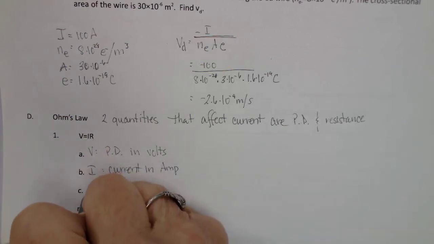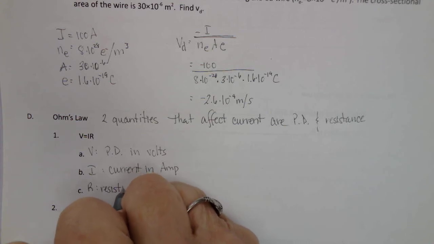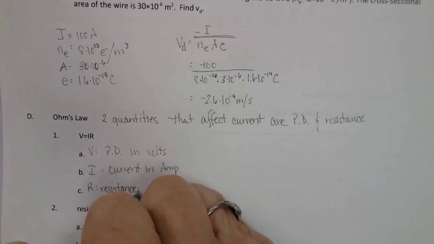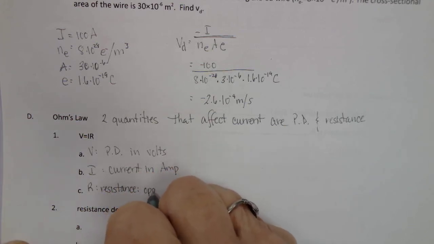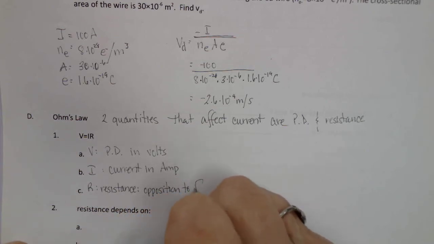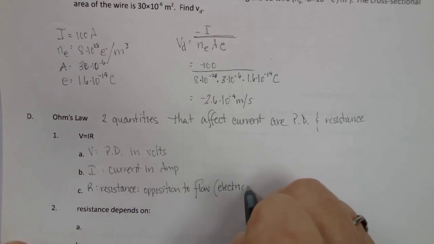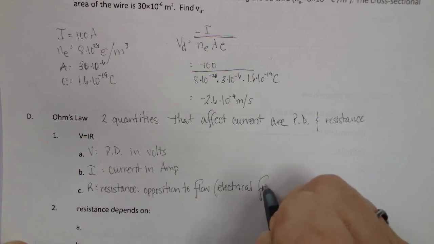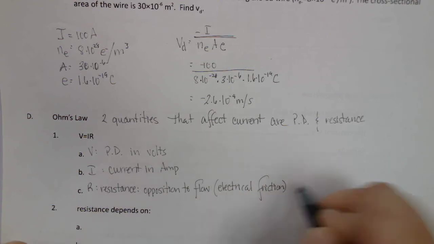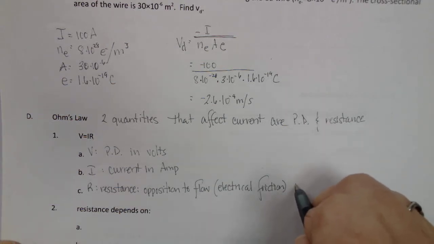And R is resistance. Resistance is the opposition to the flow. Think of it as electrical friction. And it's measured in ohms.